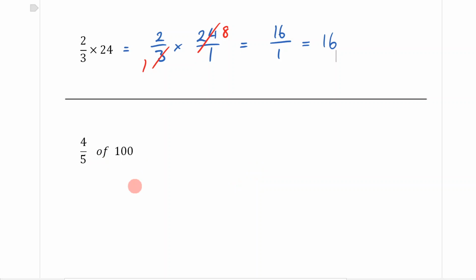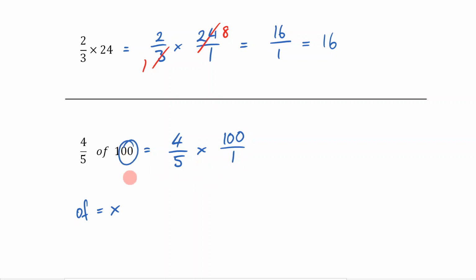And this one looks different, doesn't it? And the reason why it looks different is because we've got this word of. But we know that of equals multiply. So there's nothing really that different here. So all we're going to do is rewrite this as 4 on 5 times 100 over 1. So I'm rewriting this as a fraction, and I know that this of just means multiply. Now that I've done that, can I simplify anything here?